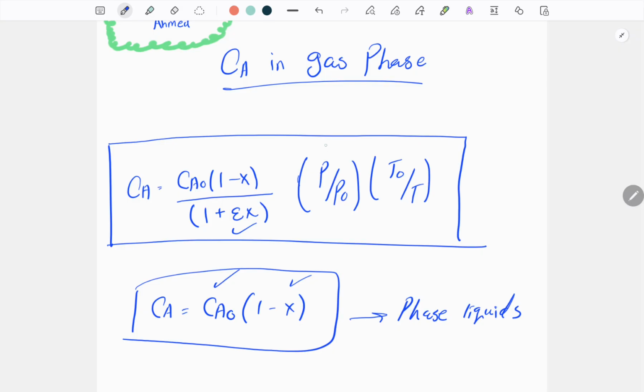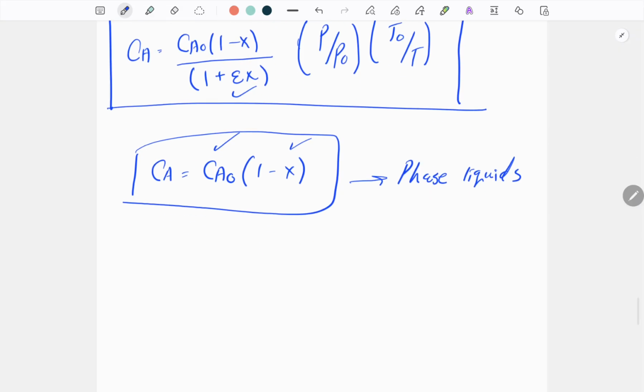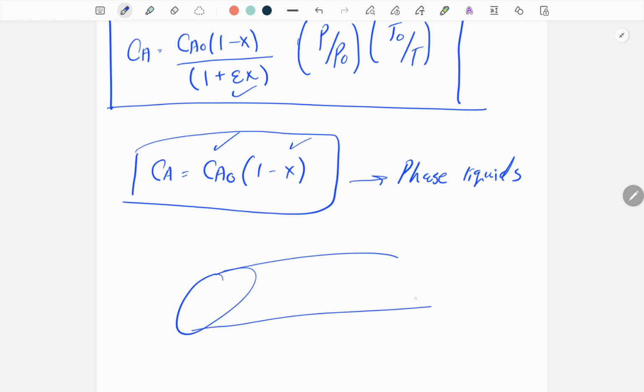There's also other factors that affect the concentration in the gas phase, which is pressure and temperature. But the main reason is that gases throughout the reactor do not have a constant density due to pressure, whereas in incompressible liquids, the pressure is constant throughout the reactor.